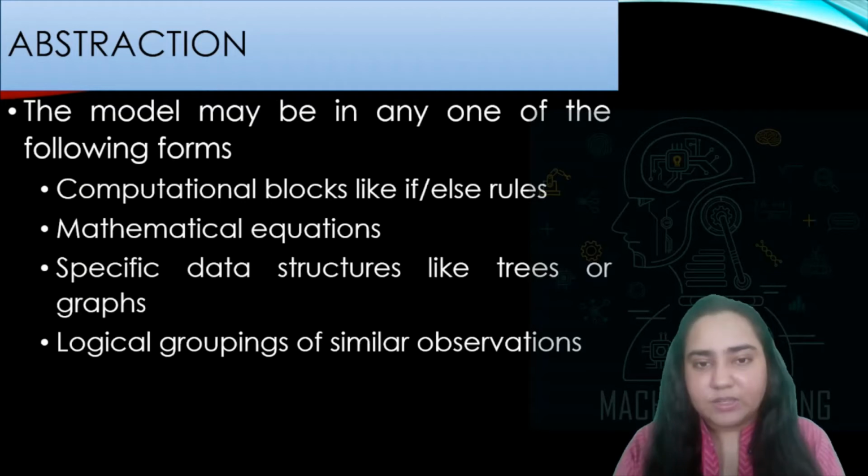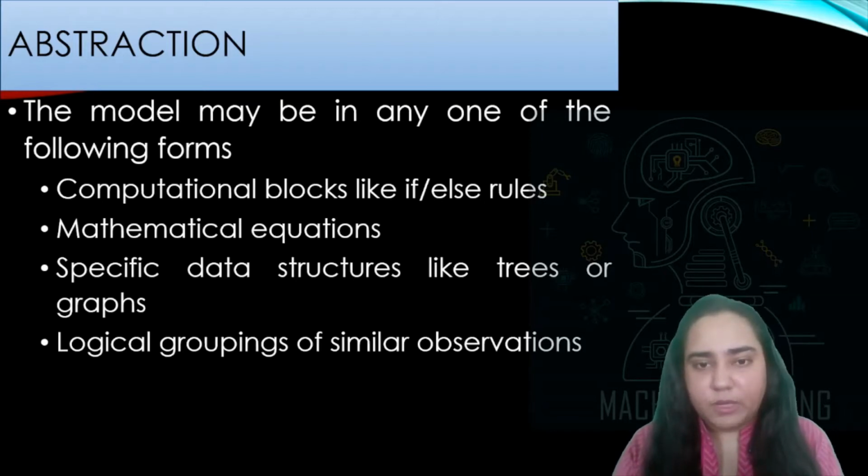It's not always necessary to create if and else. It depends on your situation. So you could have some mathematical equations. For example, if you were performing, say, linear regression to classify some data, then you would use mathematical equations to find out whether something lies on this side of the line or that side of the line. And then you could use some data structures as well, like trees or graphs.